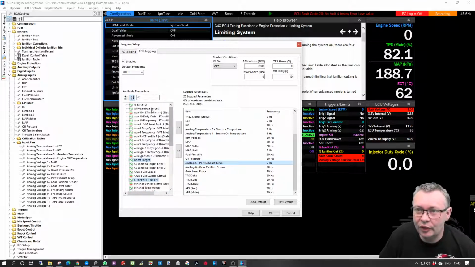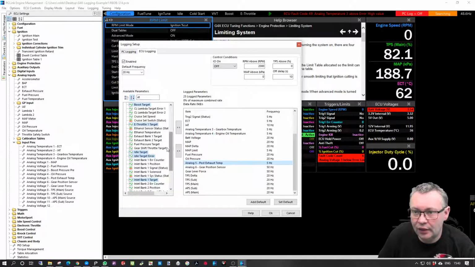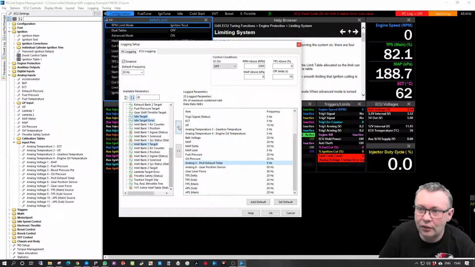So now what we've done, and I'll pick up our AFR target while we're in here. So we're doing a lot. So we're going to pick up the AFR table target, the boost target, the e-throttle target, the idle target and target error, and our inlet bank target. So that's loads. Okay, but they're all very relevant.